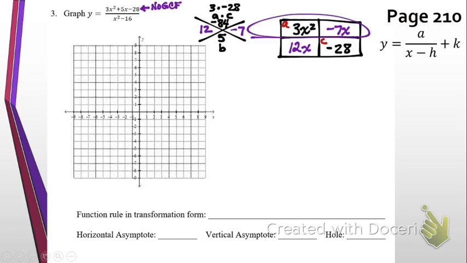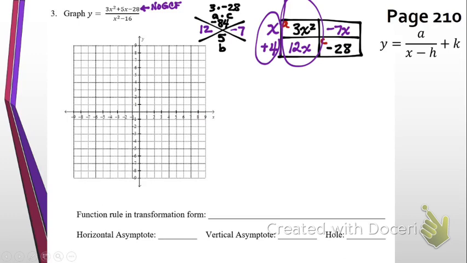What can I pull out of the top? I can pull an x out. What about on the bottom? I know they're both even, so a 2 can come out of both of them, but is it the biggest? 4. Positive or negative 4? Positive, because my 12 is positive.